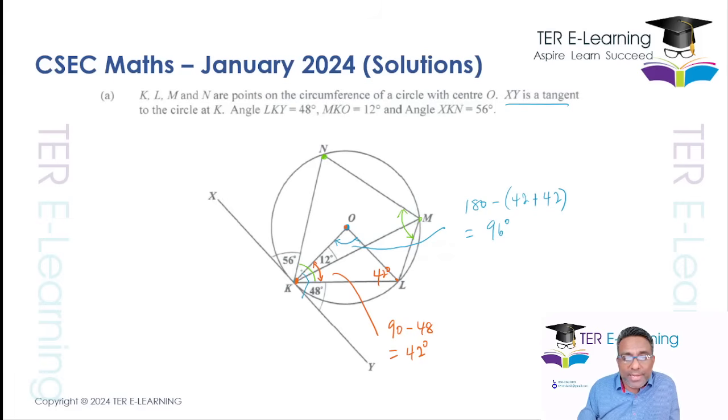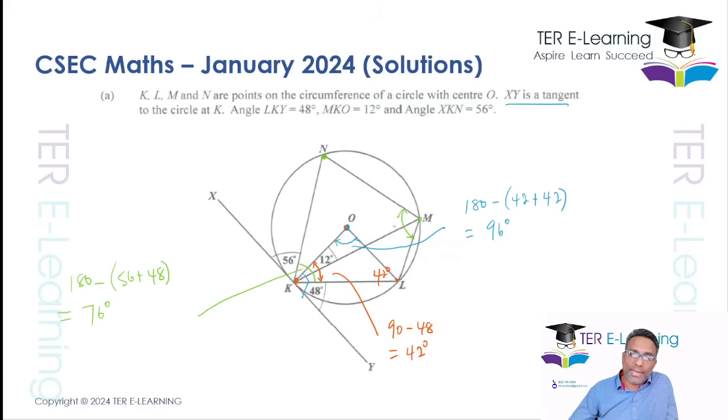Now, this green angle here is easy to find. That's going to be 180 minus the 56 plus the 48, so 180 minus, open brackets, 56 plus 48. That's going to be 76 degrees. So that angle there is 76 degrees.